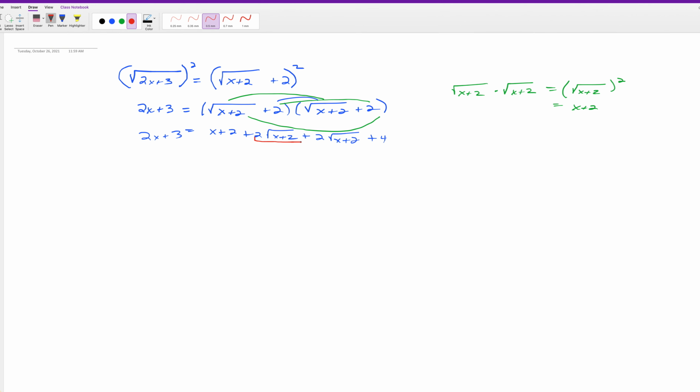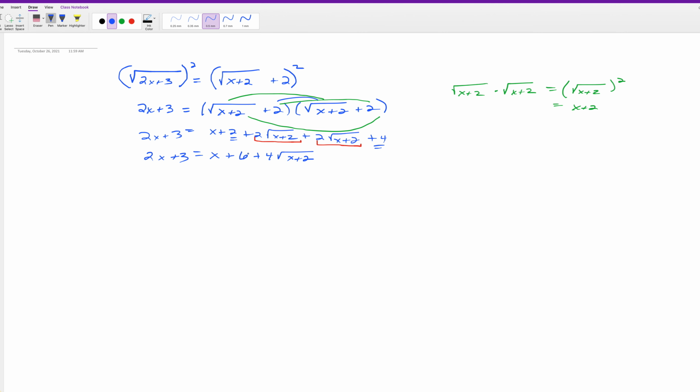Notice, I'm really just adding how many square roots of x plus 2 do I have. I have 2 plus 2 are 4 of them. I can add 2 and 4 together to give me 6, and then I just have this lonely x term. So this will be x plus 2 plus 4 is 6, plus 4 square roots of x plus 2. 2x plus 3 on the left.